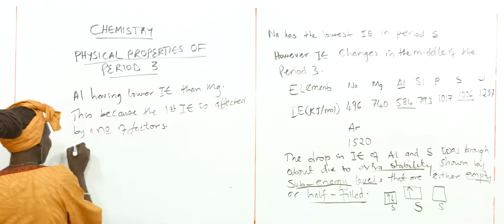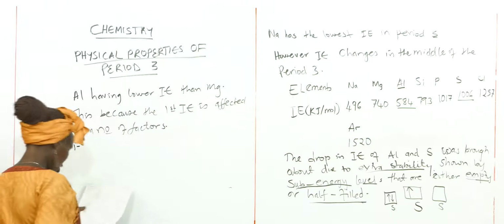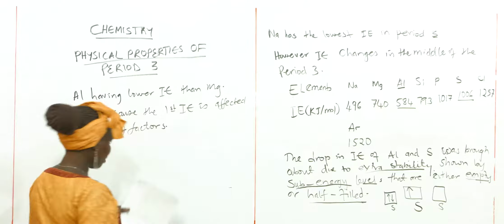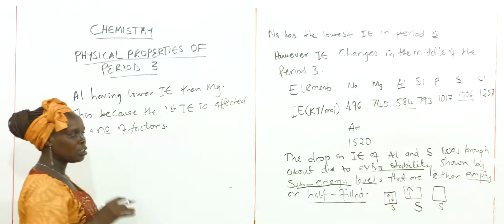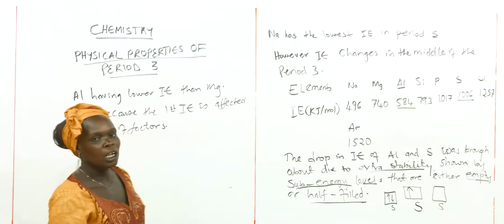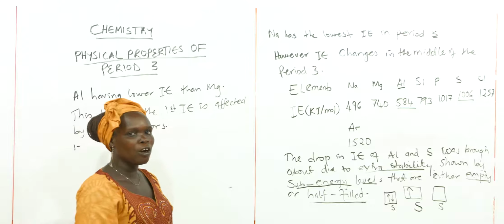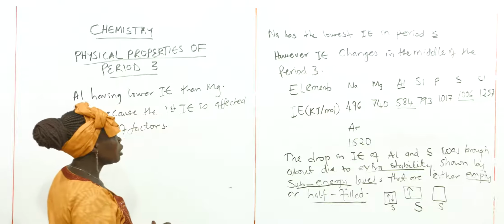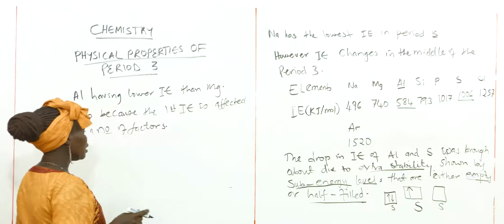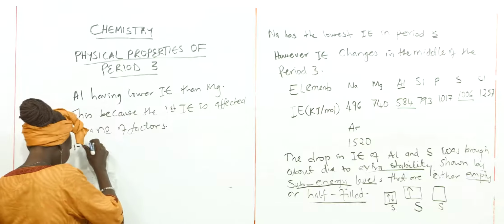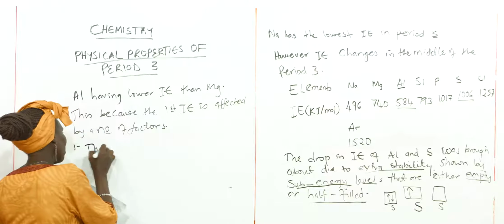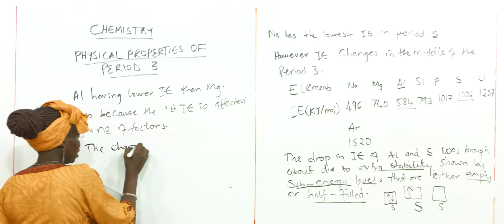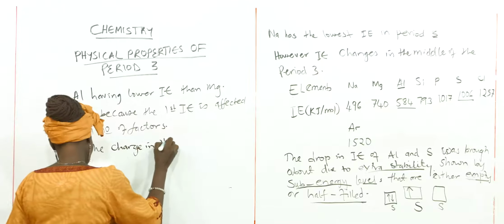So here the first factor is the charge in the nucleus. So the charge in the nucleus is responsible for the drop in the ionization energy of aluminium, which is now lower than magnesium. So the charge is responsible for this drop, the charge in the nucleus.